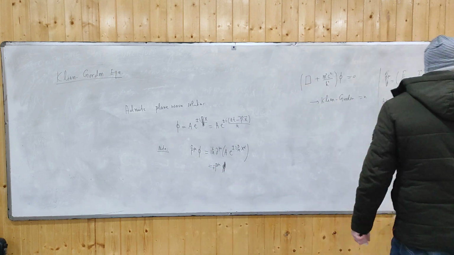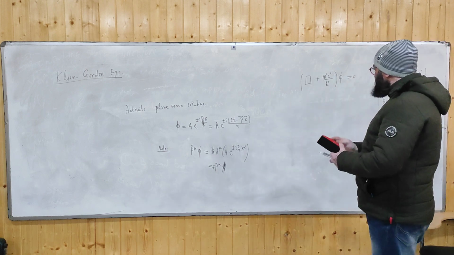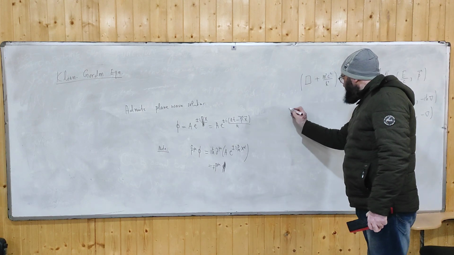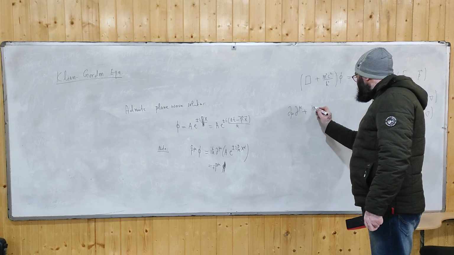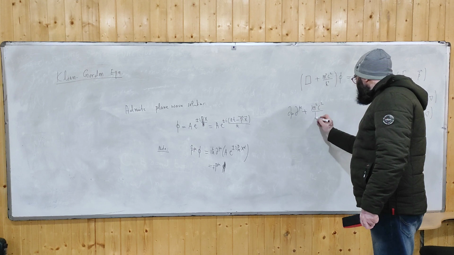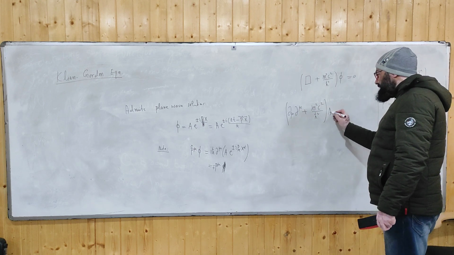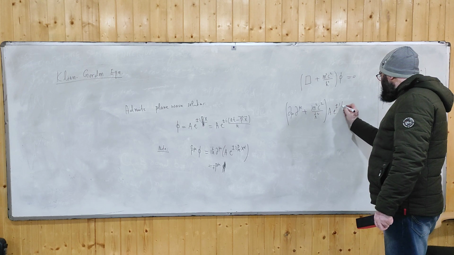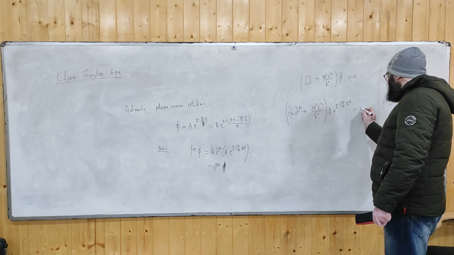Now let's substitute them in this equation. The box operator is partial mu partial mu, plus m squared c squared by h-bar squared, acting on phi, which is A e raised to the power plus or minus i, p alpha x alpha, equal to 0.